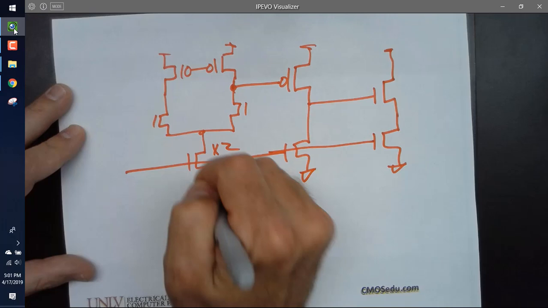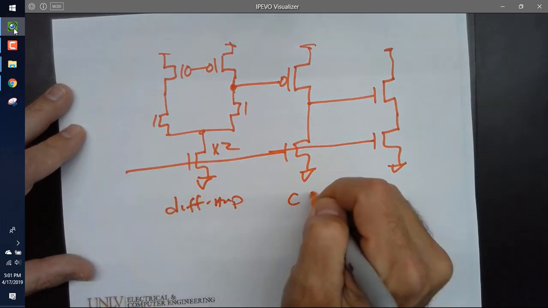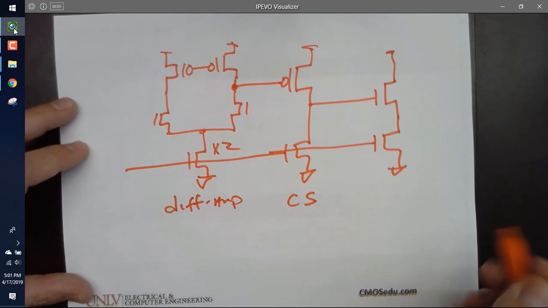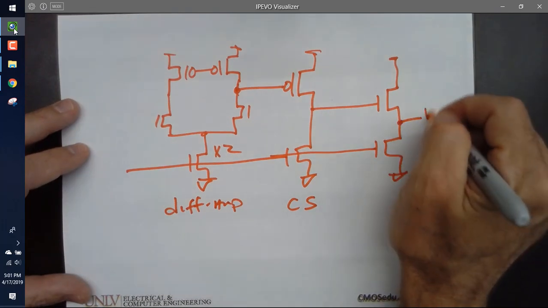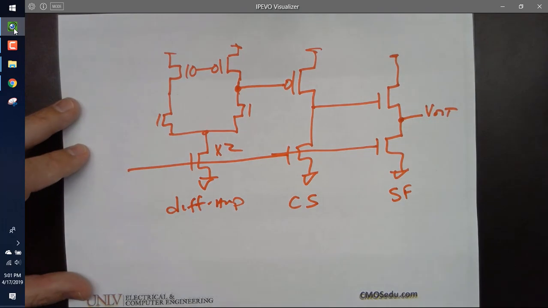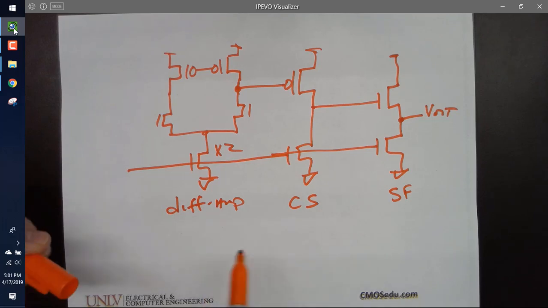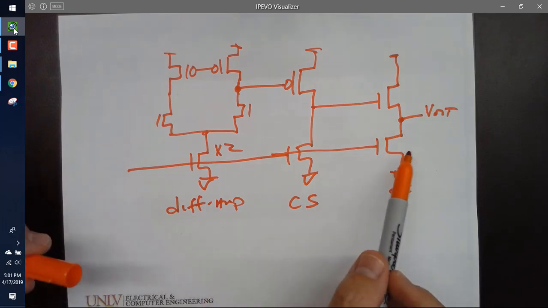So this is a diff amp. This is a common source. And what's this one? Common drain or source follower. Anybody agree with that?